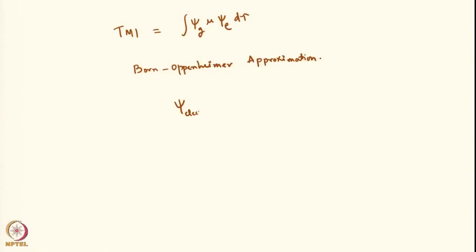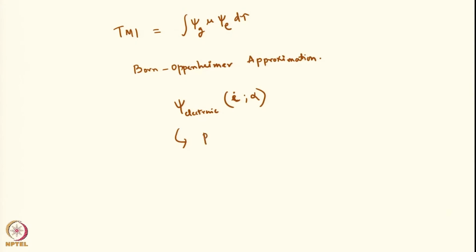So, psi electronic is dependent on the electron coordinates, I would call them i's, and nuclear coordinates, alphas. So, whenever the nucleus changes its position, the electronic wave function will change, and this gives rise to the concept of potential energy surfaces.